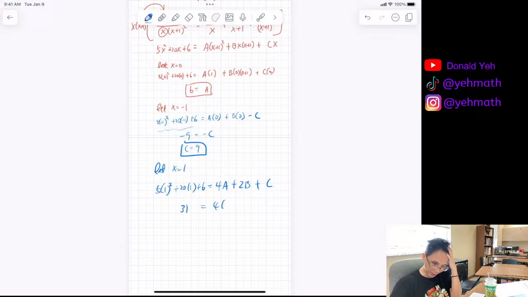And 4 times 6, plus 2 times. Wait, A is don't know. Sorry, A is no. My fault. A is 6 plus 2b, we don't know, plus c is 9. So it'll be 31 equal to 24 plus 2b plus 9, which is 30 what?